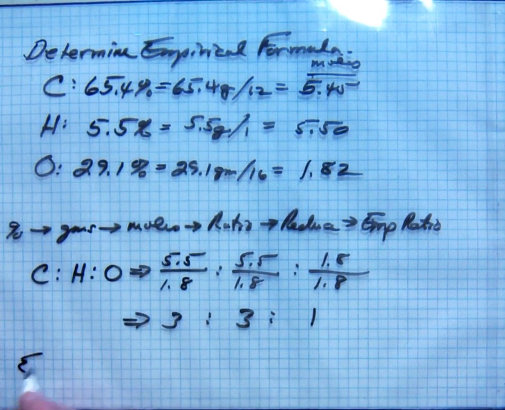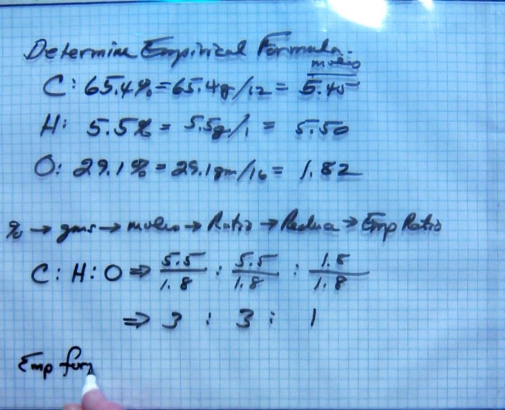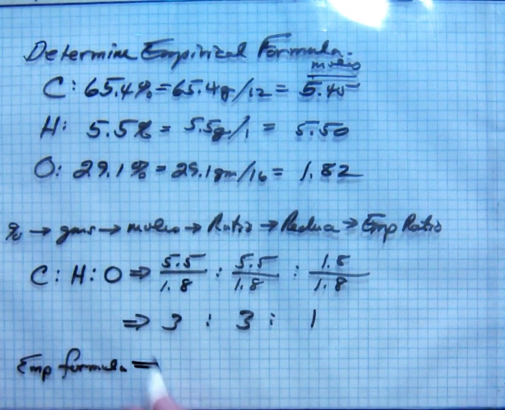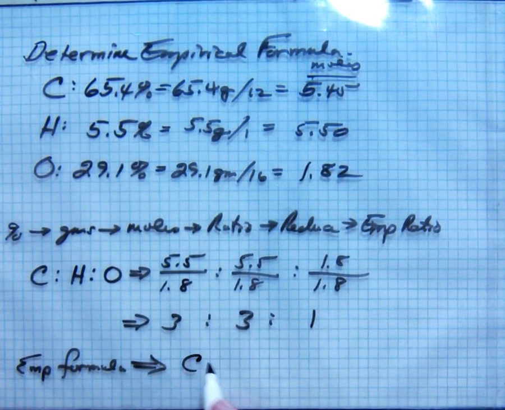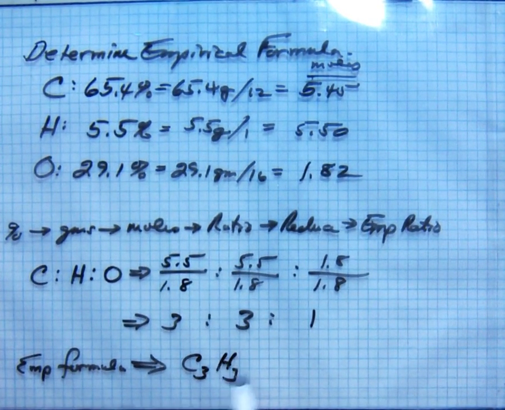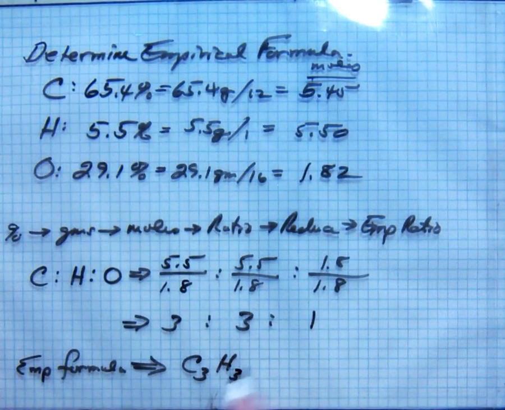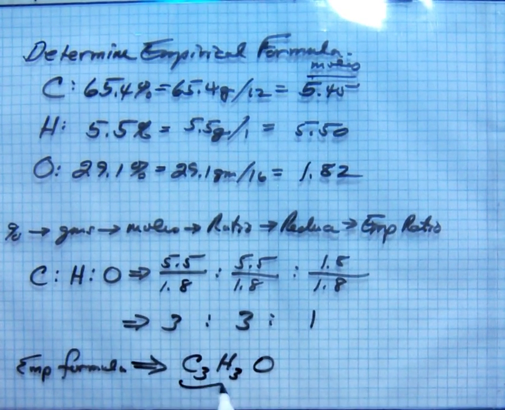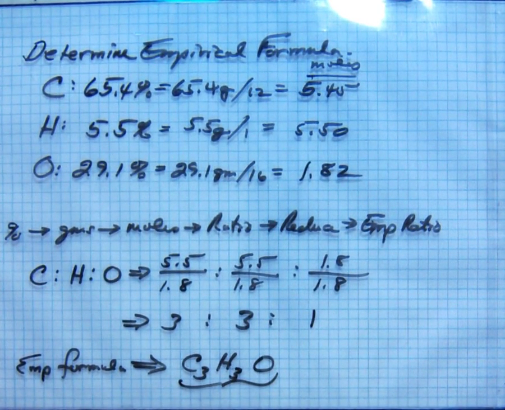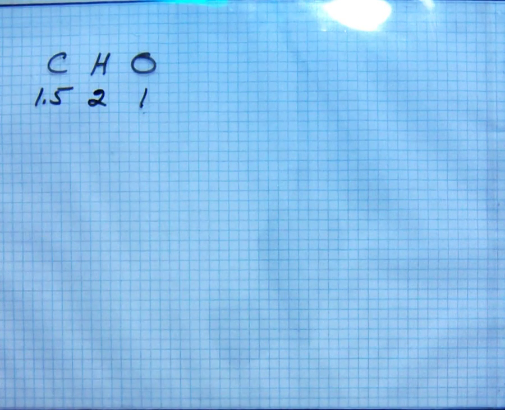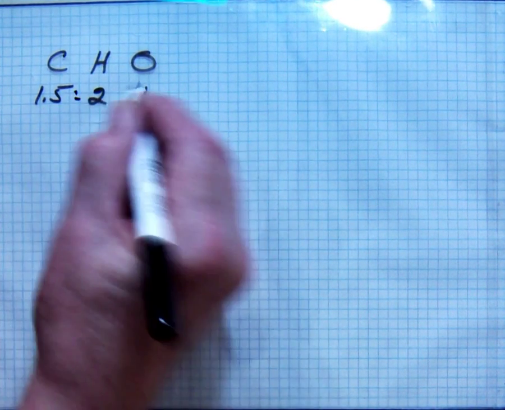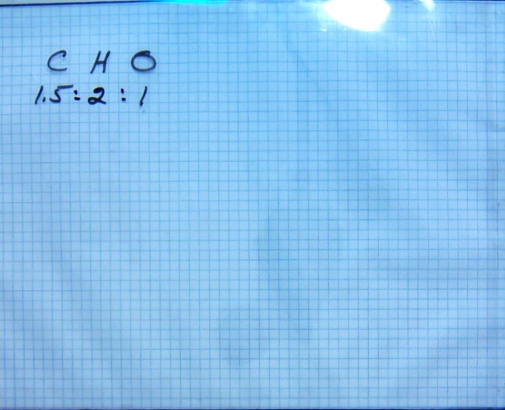So the empirical formula for this is C3H3O right here. But say you worked it out and got a ratio like this: 1.5, 2, and 1. What do you do?